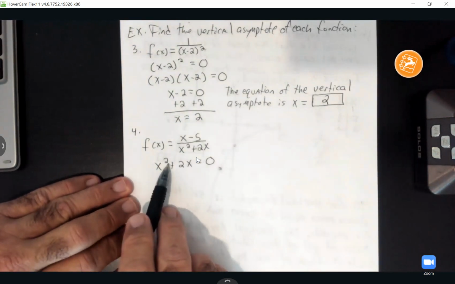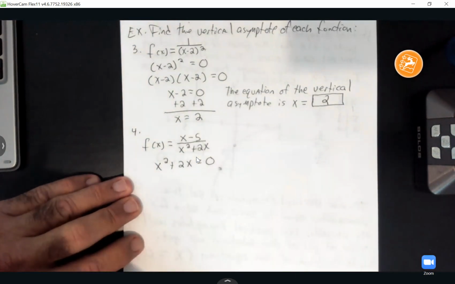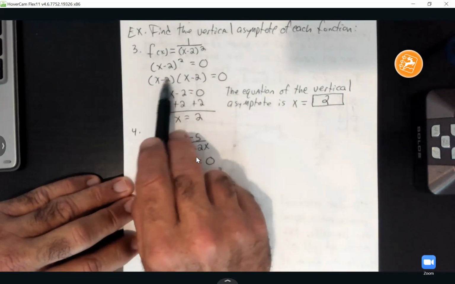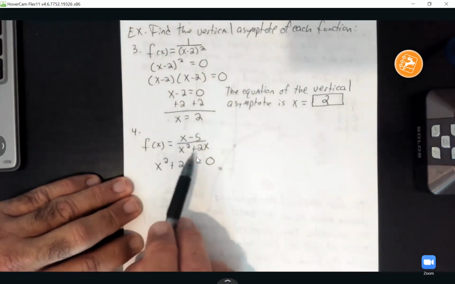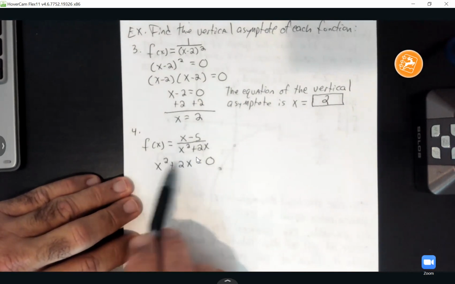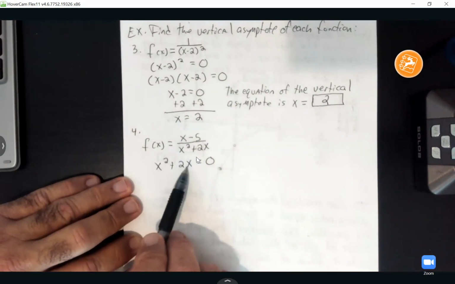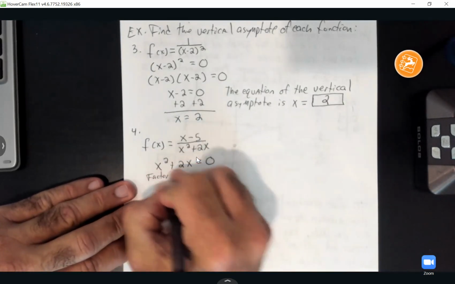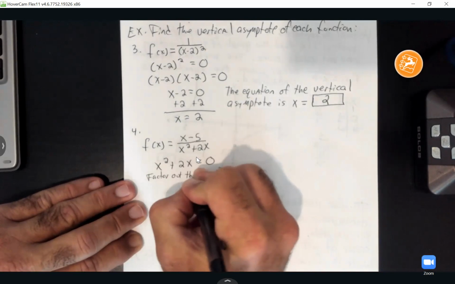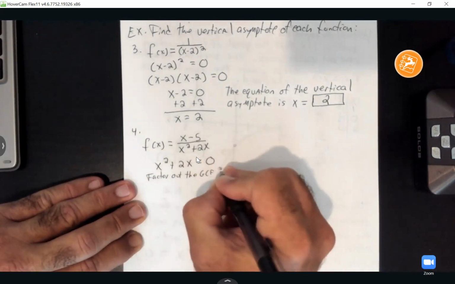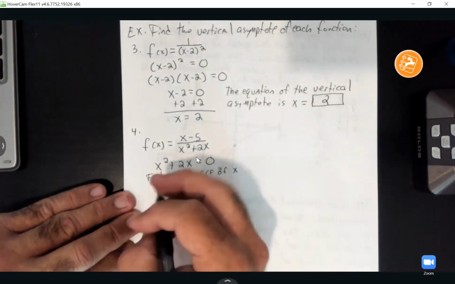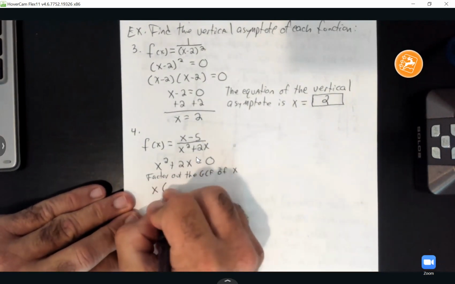Since I got an x squared term, I'm looking for 2 answers on this one, just like I had 2 answers up here, but they were repeats of each other. This one, I've got an x squared term and an x term. So what I'm going to do to this one is factor out the greatest common factor of x. Notice both these have an x in them, so we're going to factor out an x.